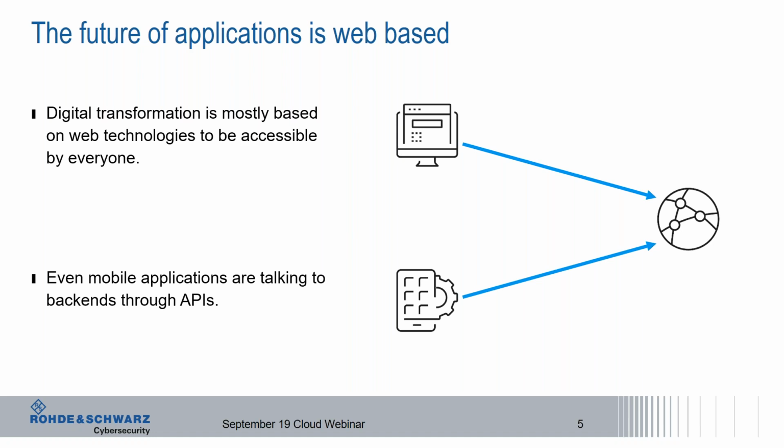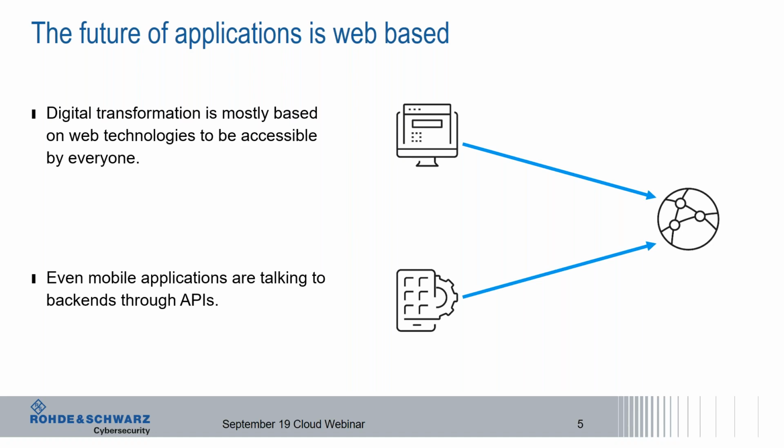But at the end, the application will connect to a backend server through an API to take some information, to put some information. For example, if I develop a video game, at the end of my game, a connection to a server will upload my score or the credits that I have left to continue to play the game, and so on and so forth.